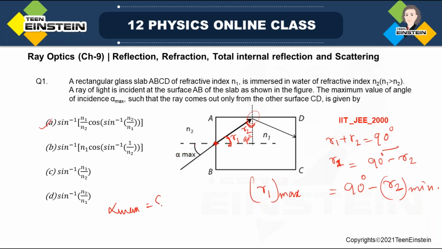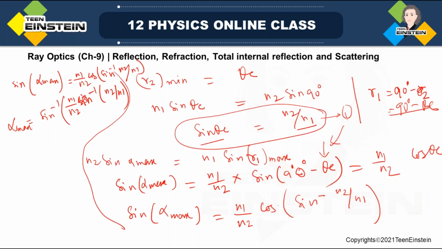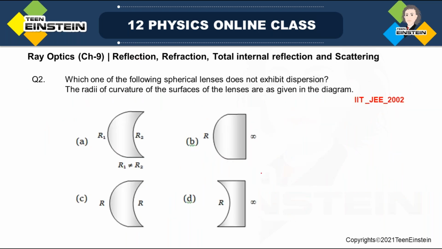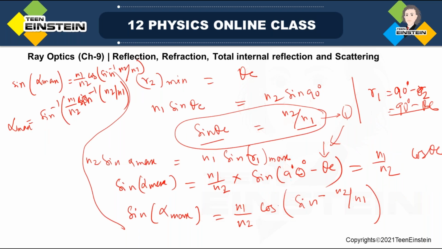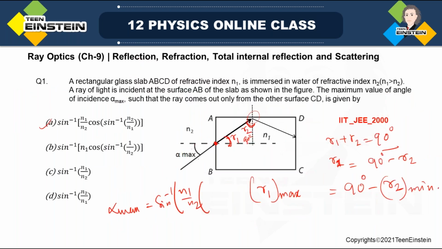So alpha max will be sine inverse of n1 by n2 cos of sine inverse n2 by n1. Okay, so these are the things we have got. Actually, this is the answer.